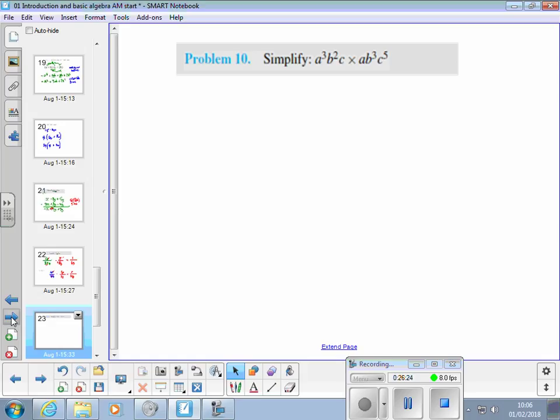Right, so simplify a cubed b cubed times c times a b cubed times c to the 5. What can we do there?